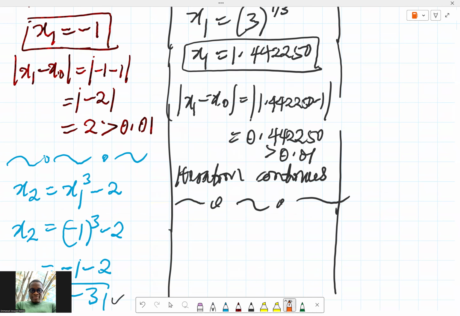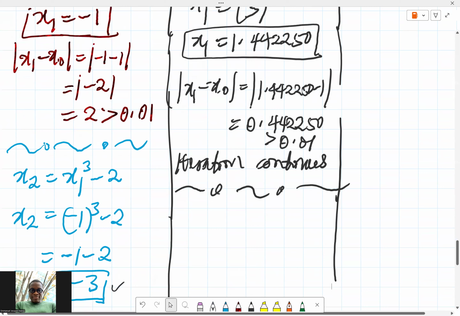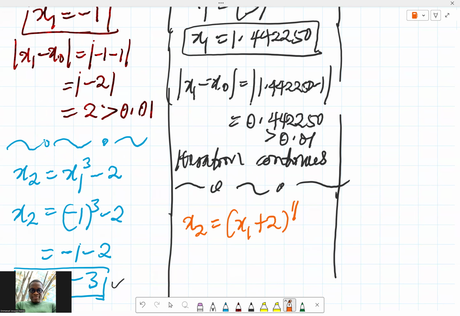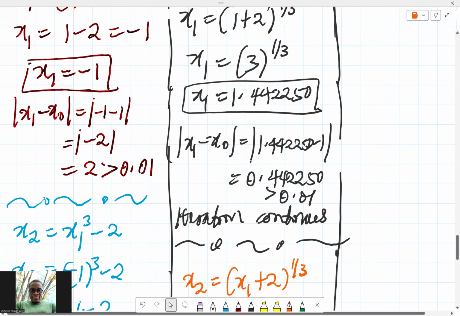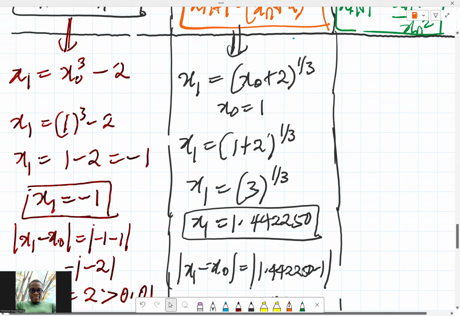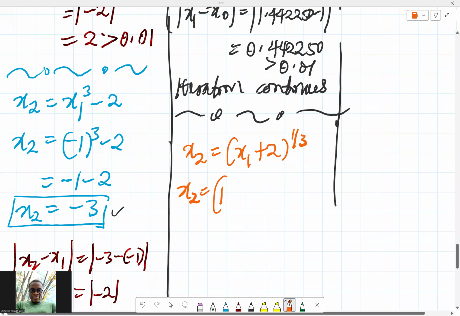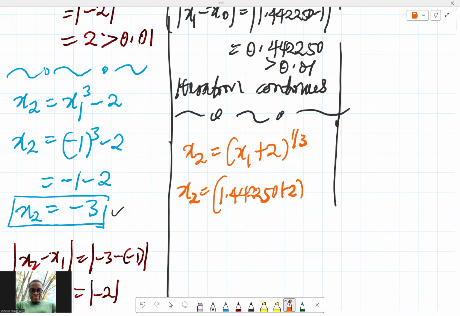Now we move on to the next iteration where we go for x2. So x2 is equal to x1 plus 2 raised to power 1 over 3, that's cube root of x1 plus 2. Now x1 is 1.442250. So x2 is equal to 1.442250 plus 2 raised by 1 over 3, which is 3.442250 raised by 1 over 3.